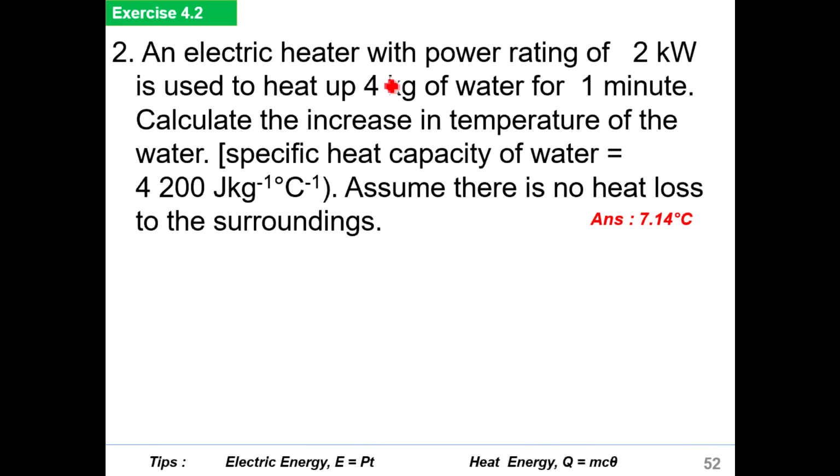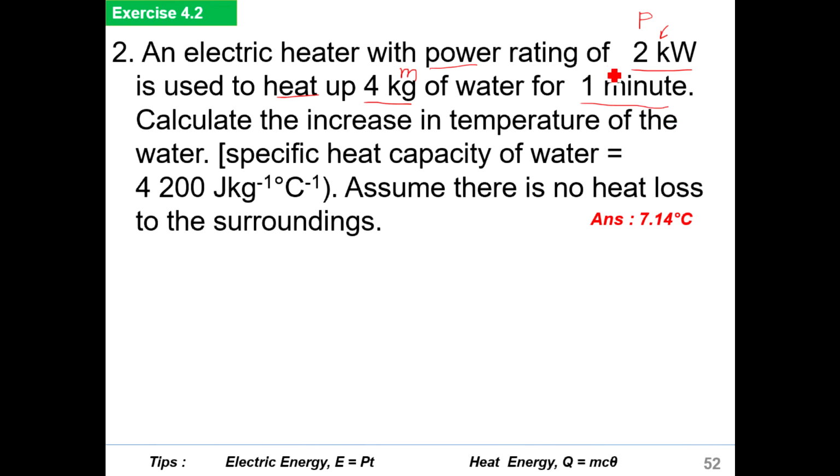Question number 2. An electric heater with a power rating, power 2 kilowatt. This is P. Be careful with this prefix. Kilo means 10 to the power of 3. It is used to heat up 4 kilogram of water. This is the mass, for 1 minute.